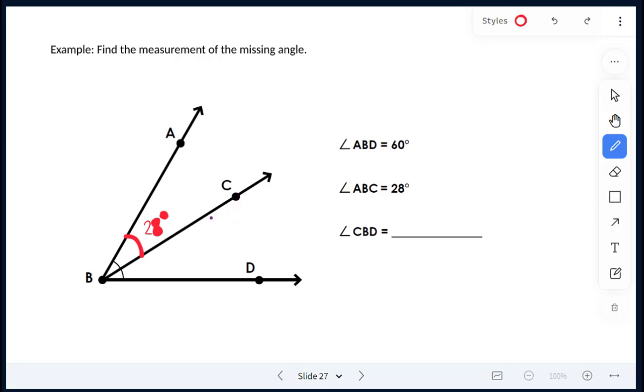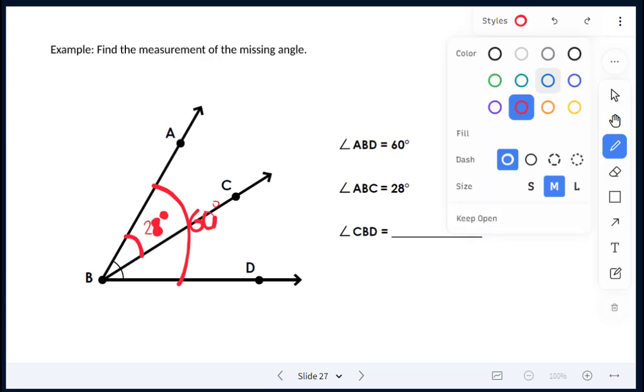We have to figure out what CBD is, but we know that this full angle like this is 60 degrees. So therefore, what would angle CBD be? What is this angle here? That's what we need to figure out. This one here, I'll just put a different color.